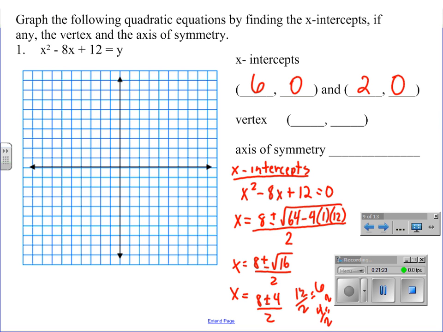All right, what about the vertex? How do we get the x coordinate of the vertex? Remember, the idea of symmetry helps us here. What do we do to get that? It's the key idea.